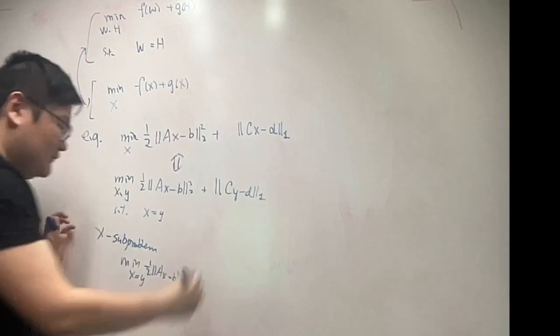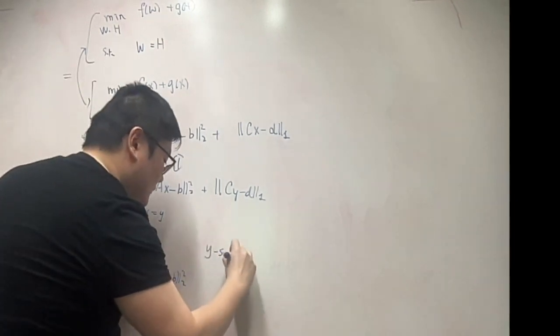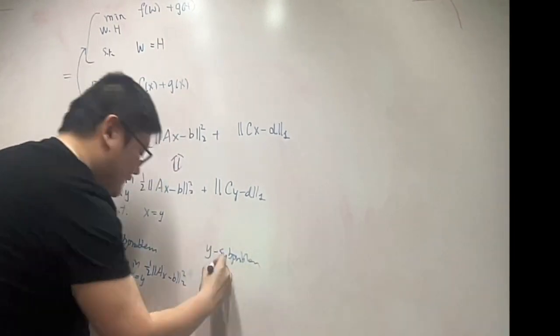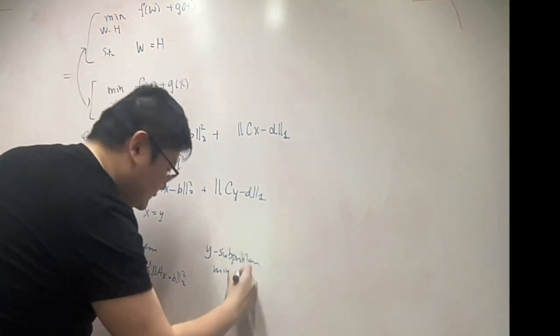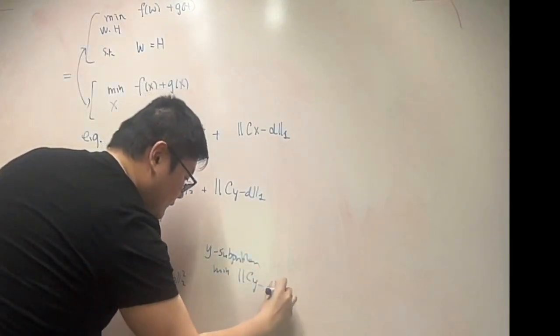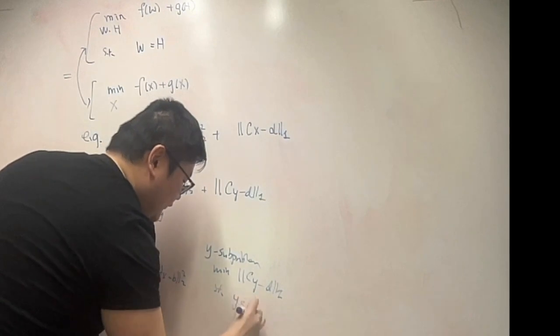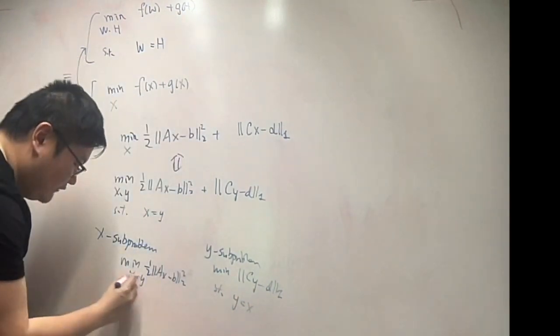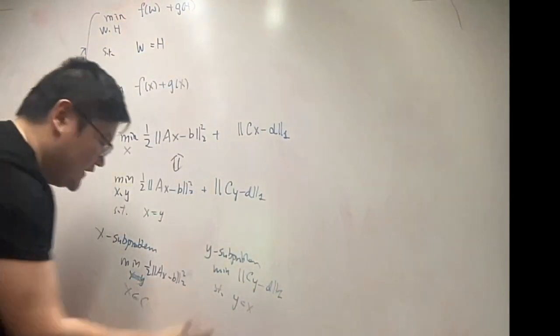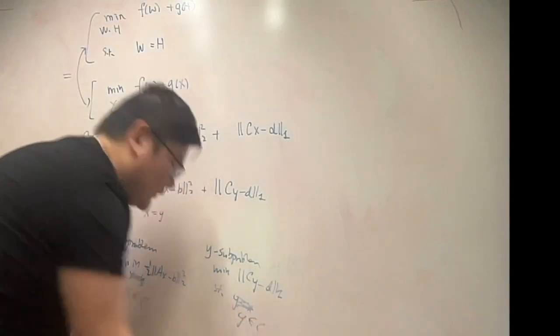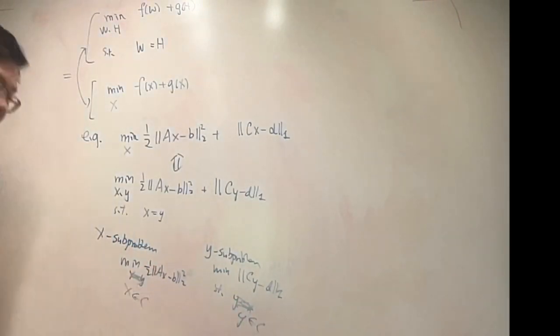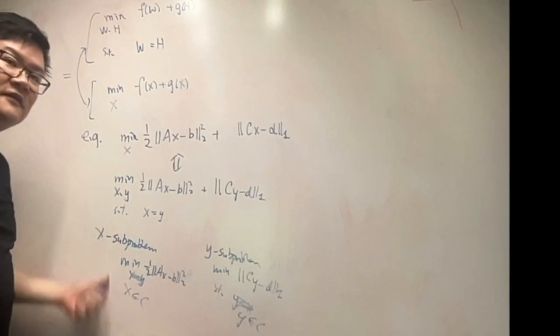And then what about my y subproblem? I only have to minimize this guy subject to what? My y is equal to x. I can replace this by x inside set C, and I can also replace this by y inside set C, right? We don't care about the expression right now. So this is old stuff, right?